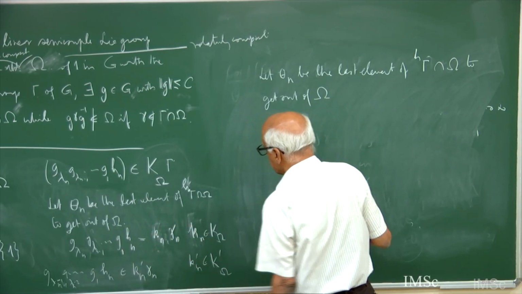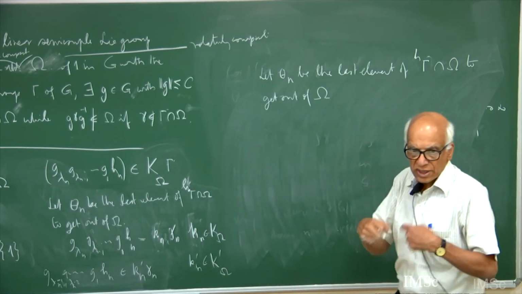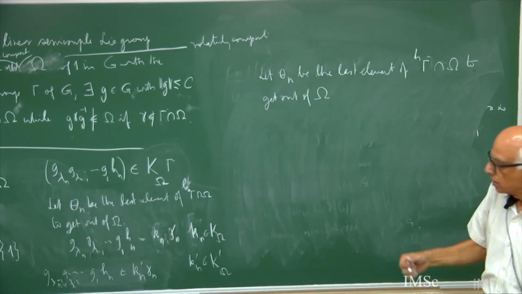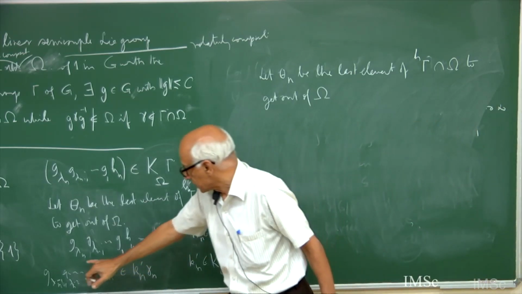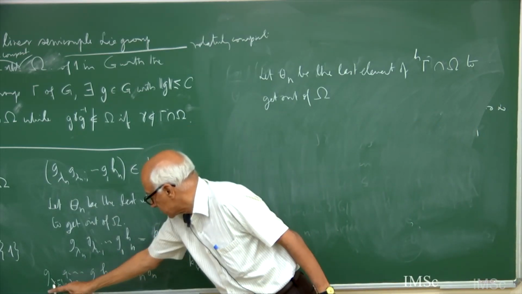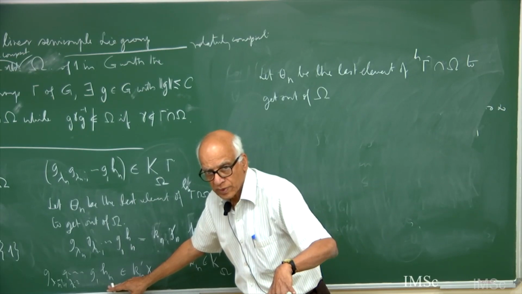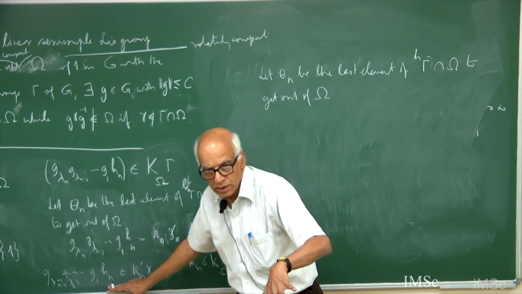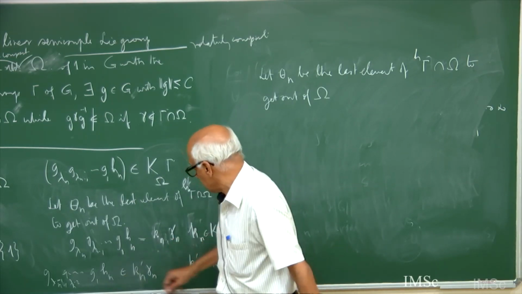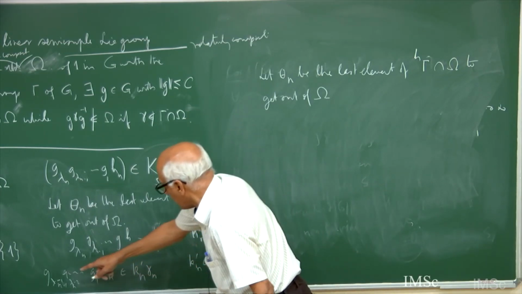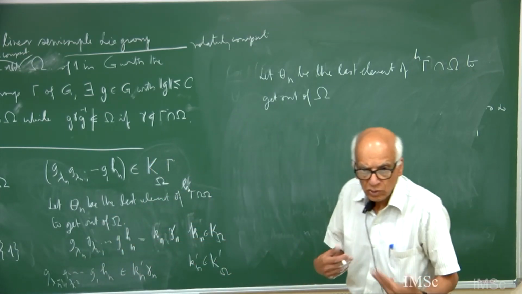Under the sequence of operations, each time some element gets out. So when I look at this much, theta n doesn't get out, okay. But when I apply one more, it has gotten out, G lambda n, one more, it's gotten out. That is the situation.